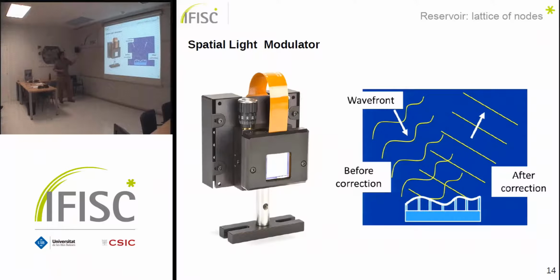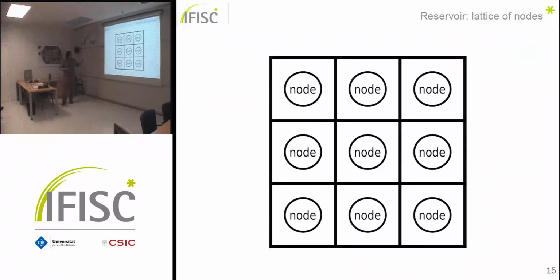So light that is incident on the spatial light modulator is reflected with some phase shift, but with a spatial pattern. What we are going to do is use this imprinting of phase shift for our network. This is how we are going to consider our network.